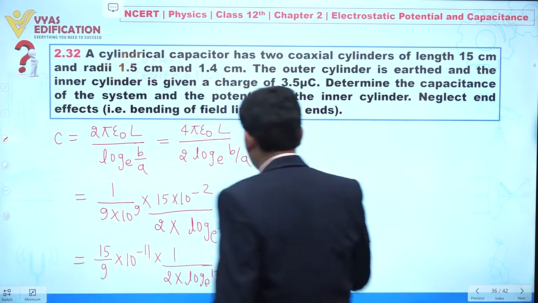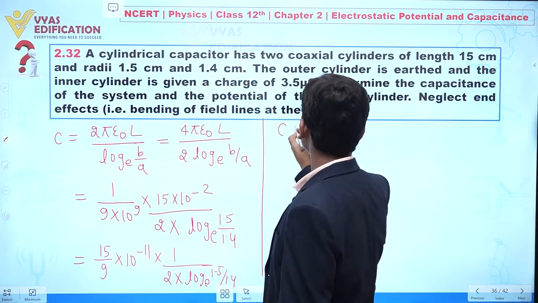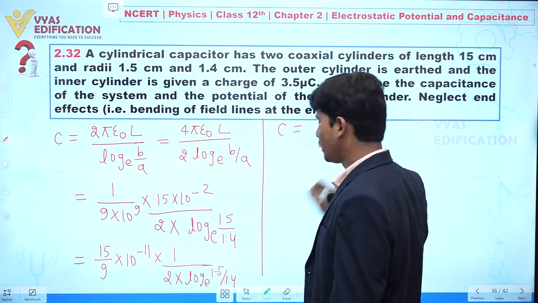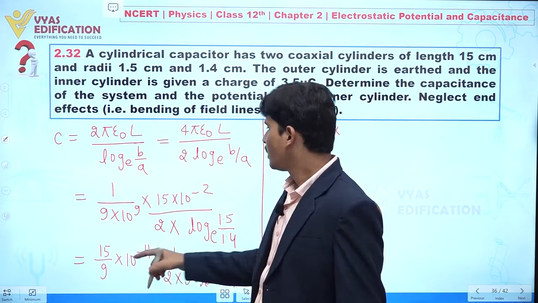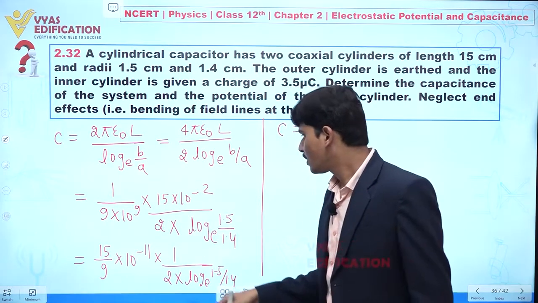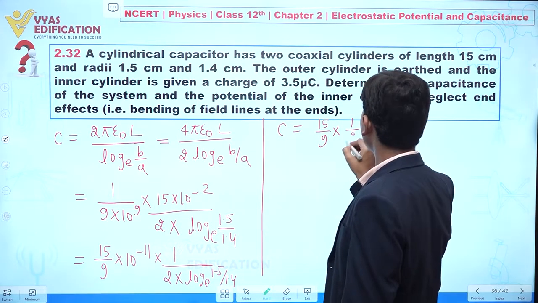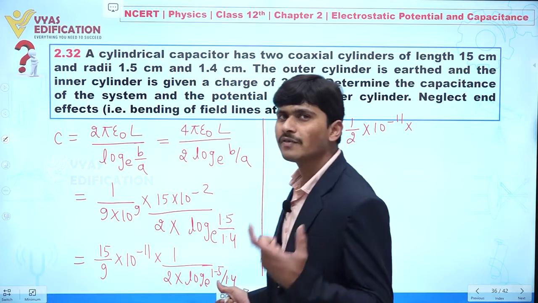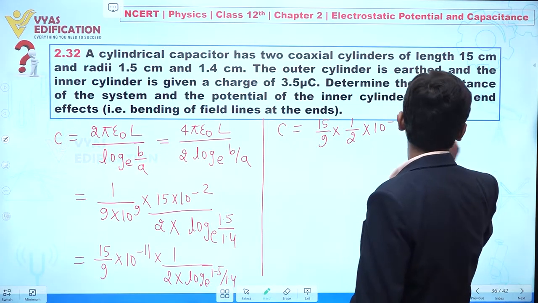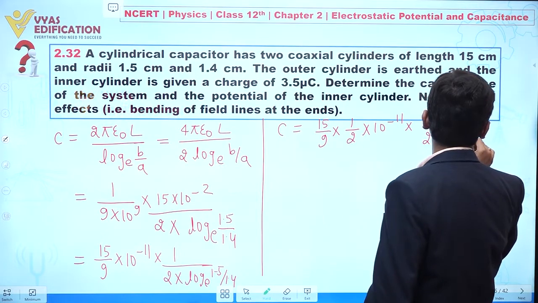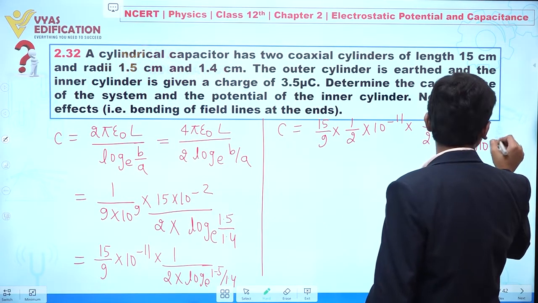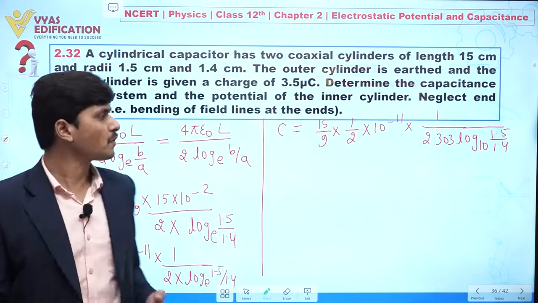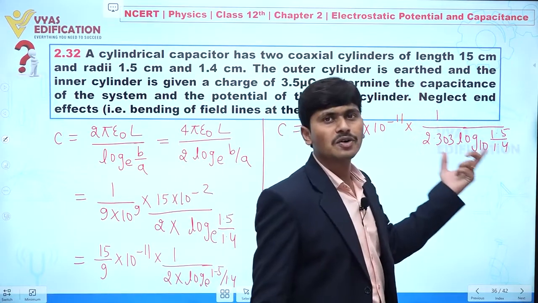Now we will solve this mathematical calculation further. We have 15 by 9 multiplied by 10 to the power minus 11, and 1 by 2. Now this is given in terms of log base e, so first we convert to base 10 by multiplying by 2.303 log base 10 of 1.5 divided by 1.4. Whenever you go into an examination, if such a question comes, you are always given the value of log.